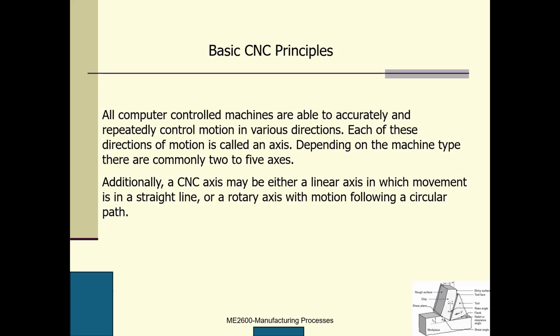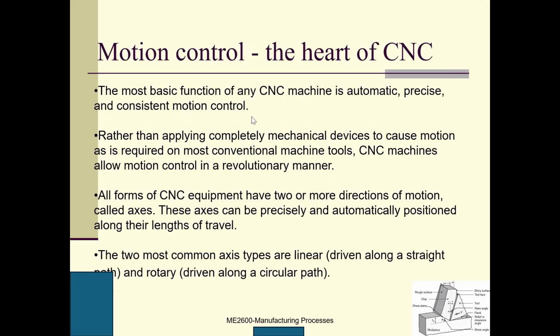This is the most important thing, the functionality we want the CNC to have. Motion control is the heart of CNC. Where is my tool? What are the coordinates of my tool?